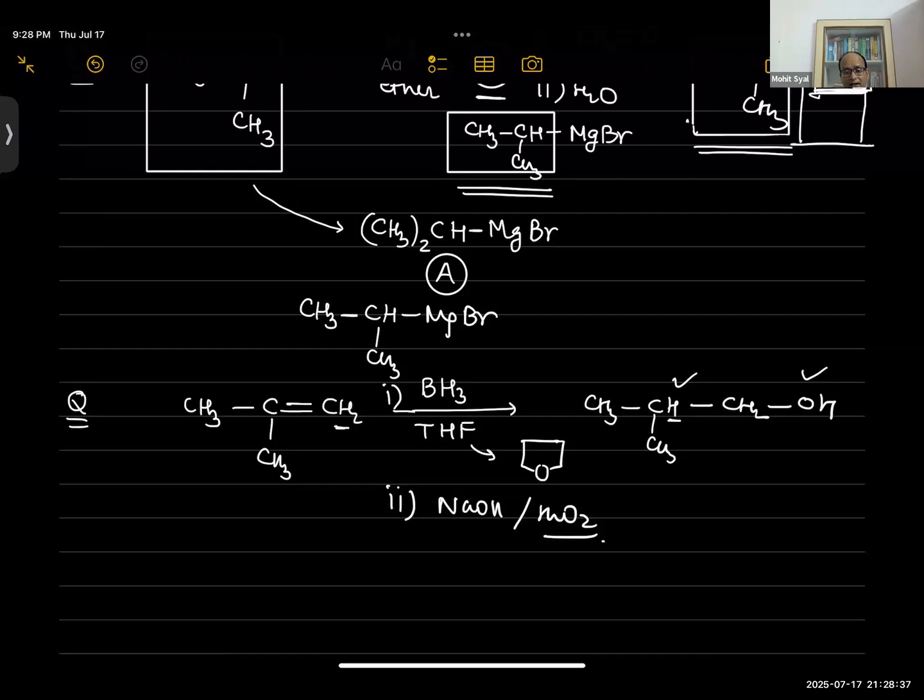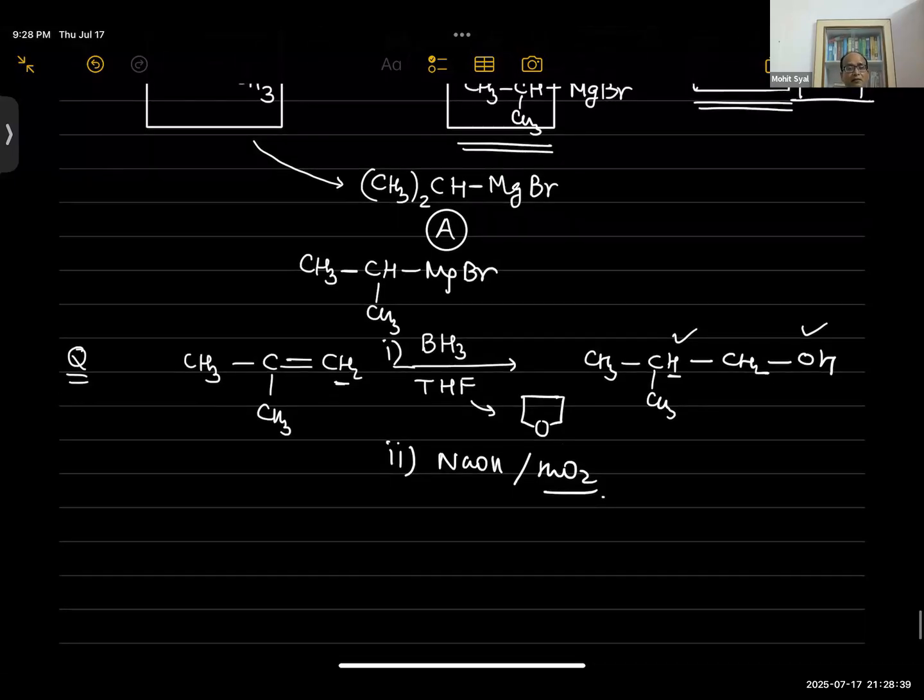Do your NCERT intext problems and the back exercise, right? They are very important for you. So I hope everything is clear in this class. Let me end this class. Just go through your NCERT. By next week we'll be starting with the physical properties and chemical properties, and these are the reactions which we covered.